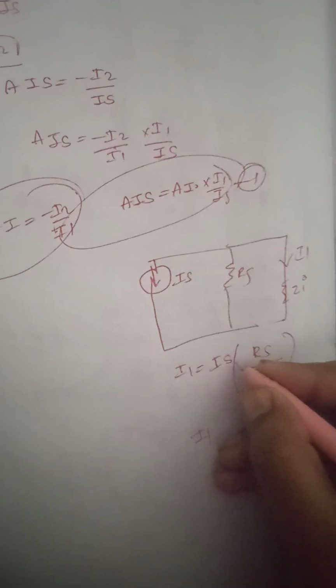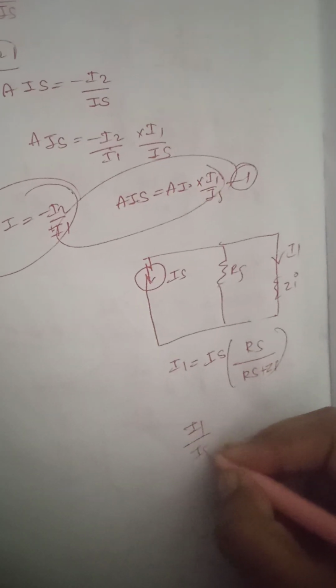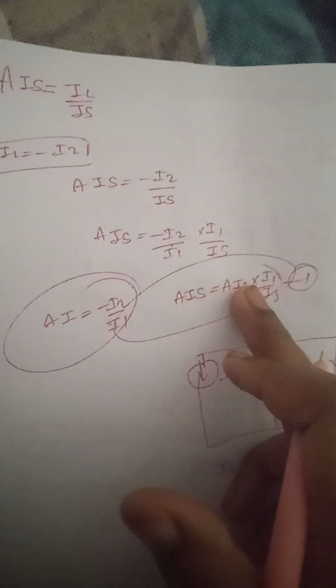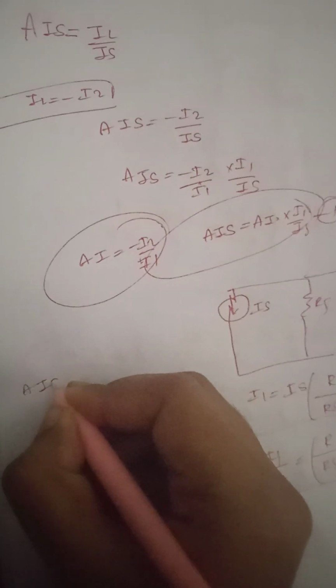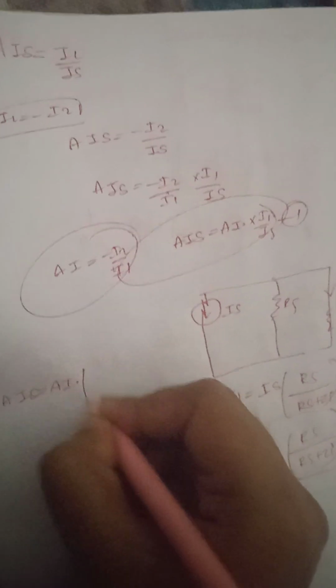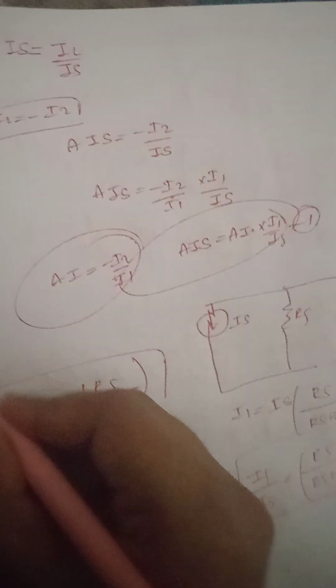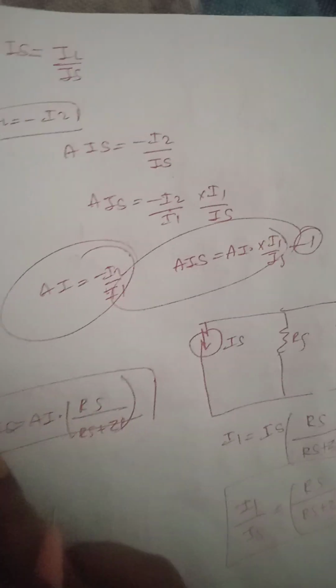From here take Is that side: I1 by Is is equal to Rs by Rs plus Zi. Substitute I1 by Is in the place of here. So AIS is equal to AI into Rs by Rs plus Zi. This is the formula of current gain with source.